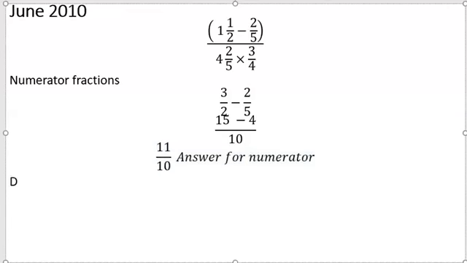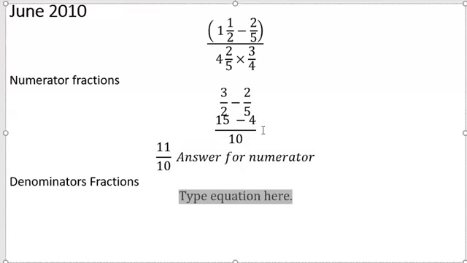And now we are looking at the denominator fractions. So what we have is 4 and 2 upon 5, so it's 5 4s 20 plus 2, 22 over 5, multiplied by 3 over 4.